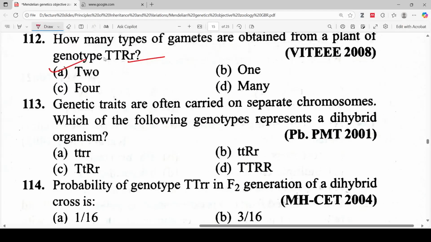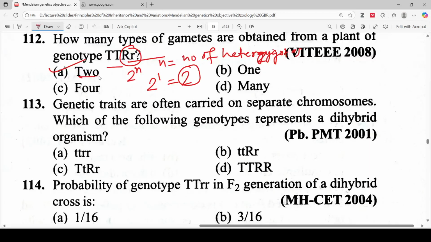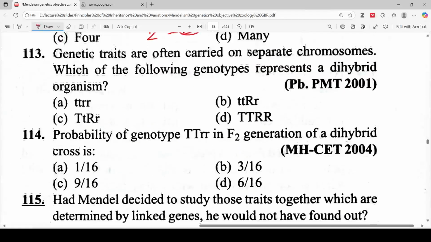The formula for this question is 2 to the power n, where n equals the number of heterozygotes. Here in this case the number of heterozygotes is 1. So 2 to the power 1 equals 2. That's why the answer is 2. Next question.